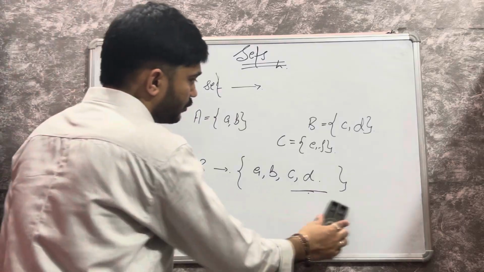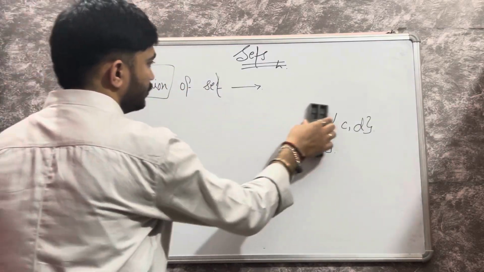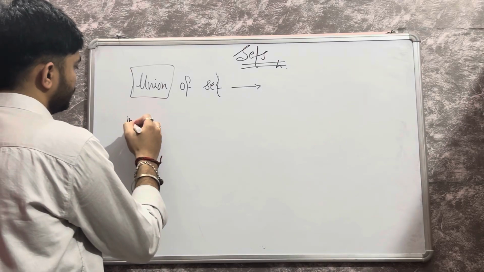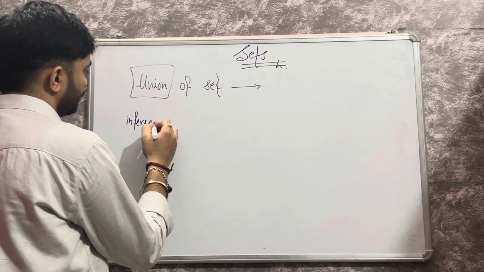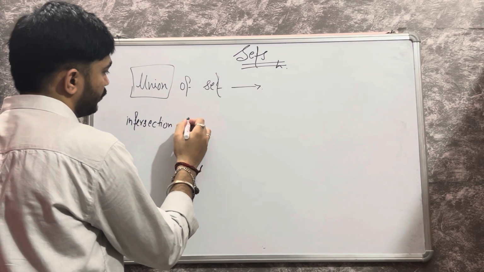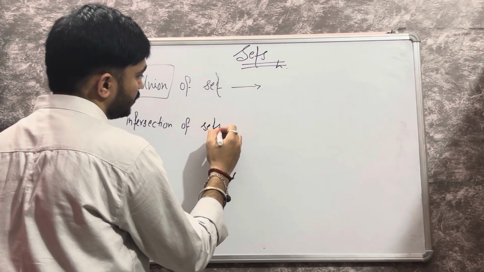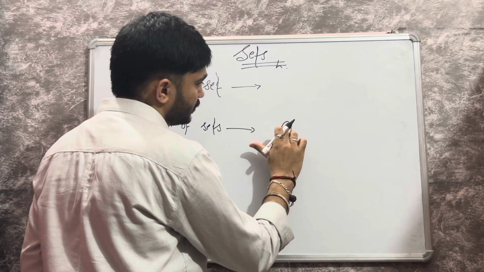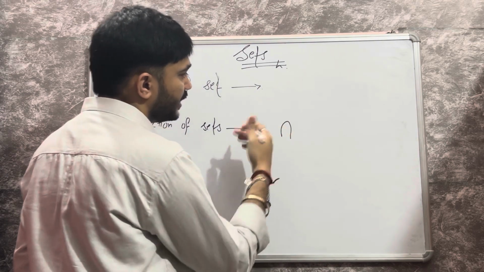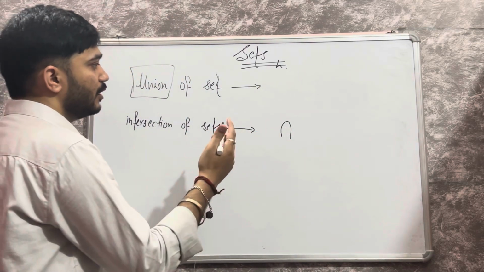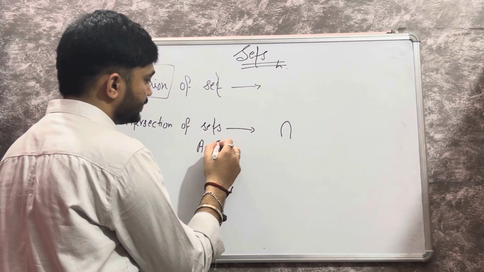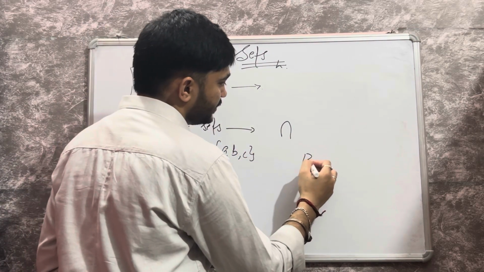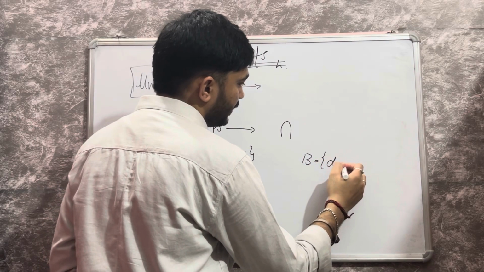Now moving forward, let us know what is the intersection of sets. Firstly, the intersection of sets is represented by an upside down U. Here let us say A is a set which has a, b, c, and B is a set which has d, e, f.